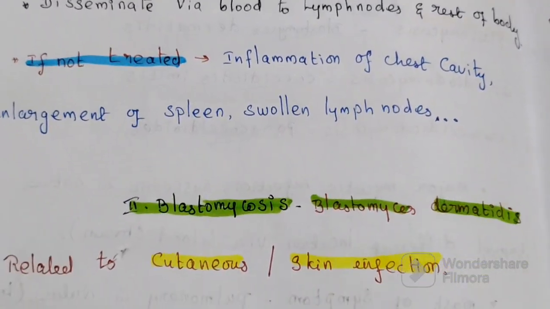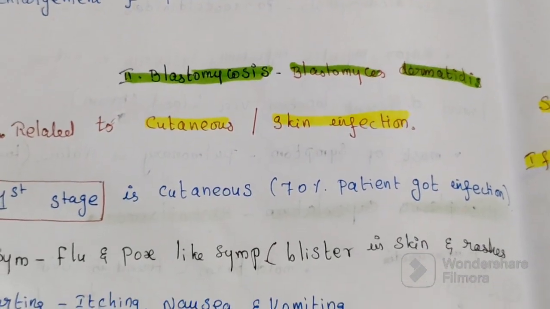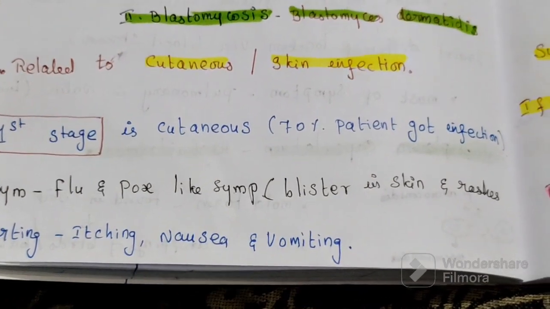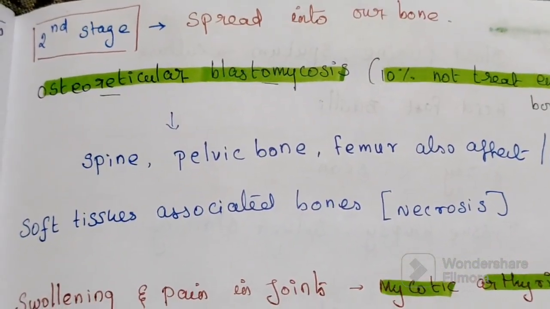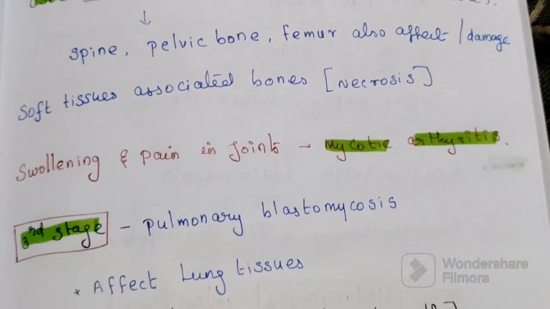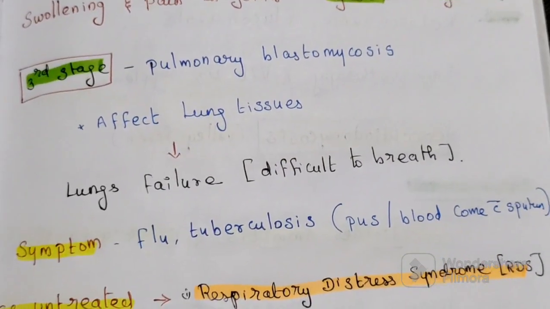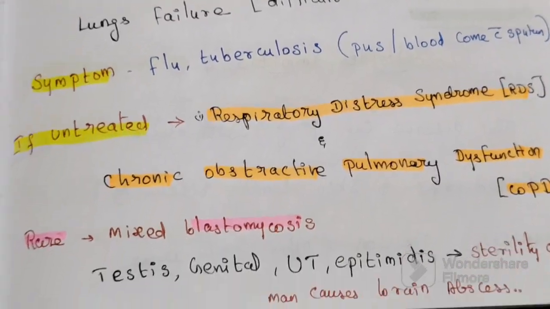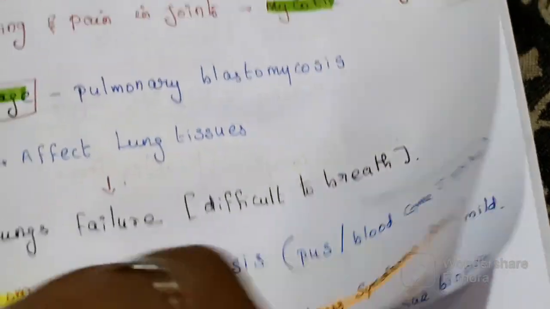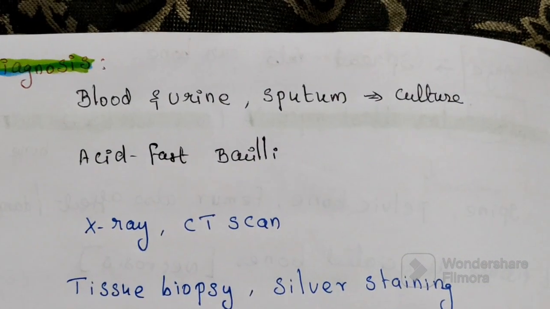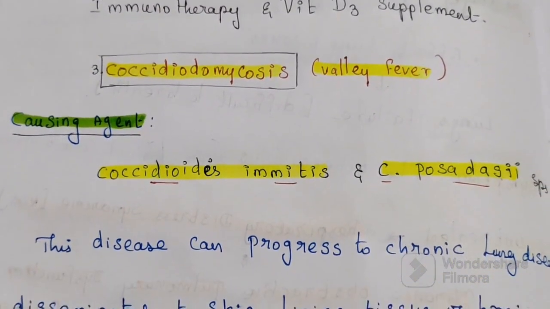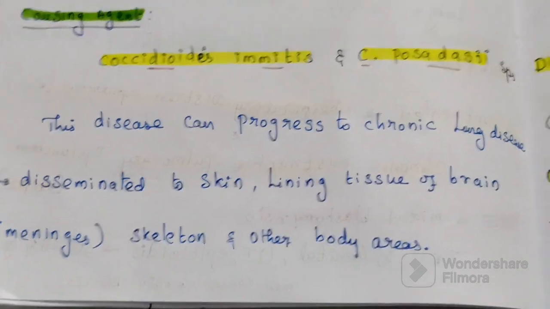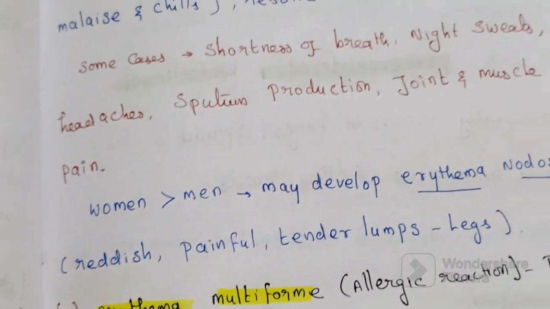Next, Blastomycosis, which has a first stage, second stage and third stage, and the last one is mixed. Then the laboratory diagnosis and treatment. The third fungus is Coccidioidomycosis, also called valley fever.